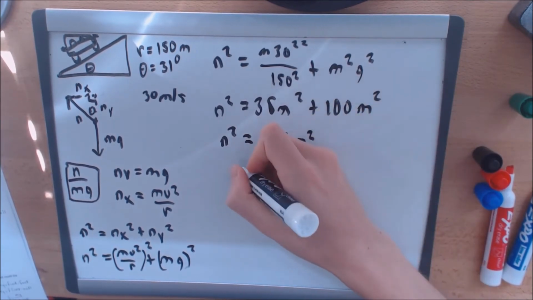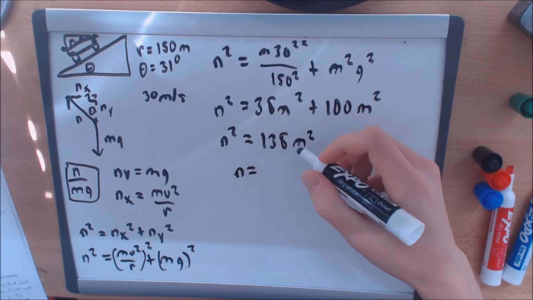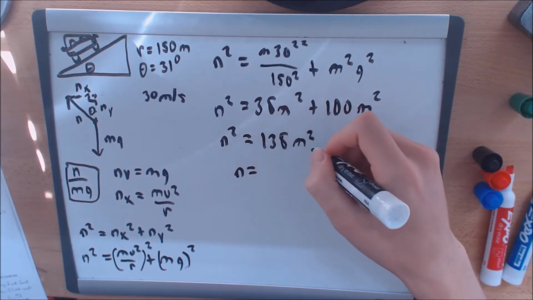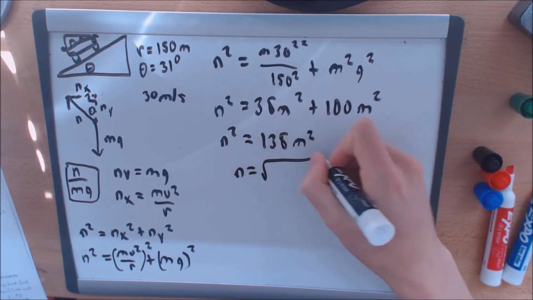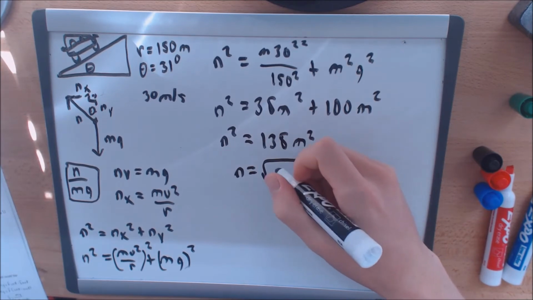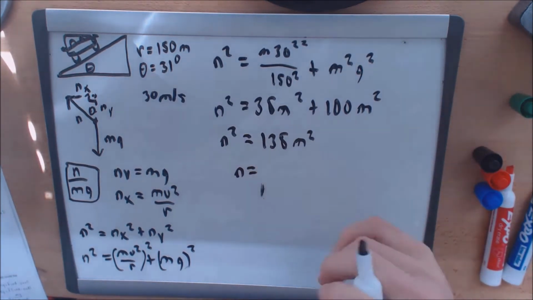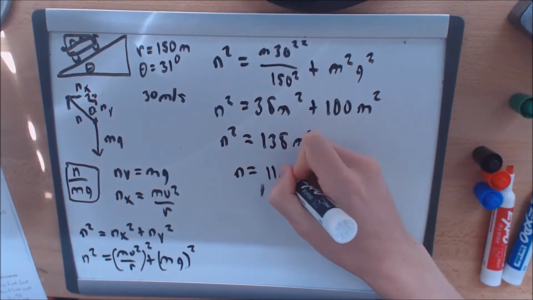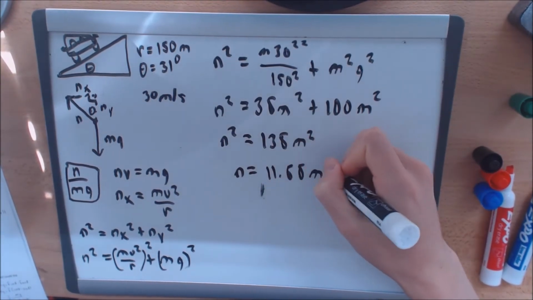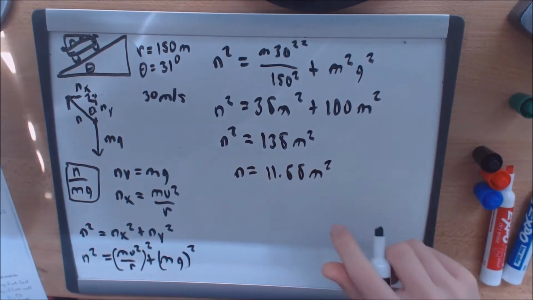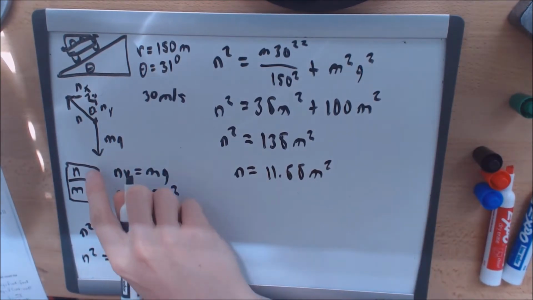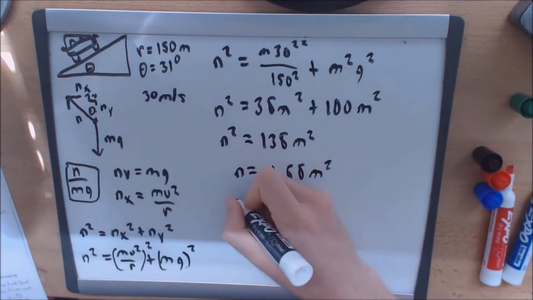We're going to do the square root of both sides. N will equal 11.66 m. So that's our n. We can plug this into our ratio to figure it out.